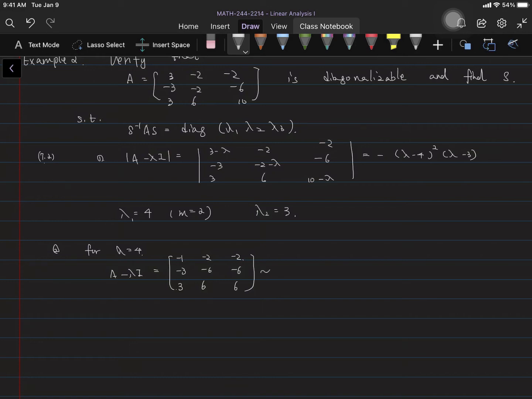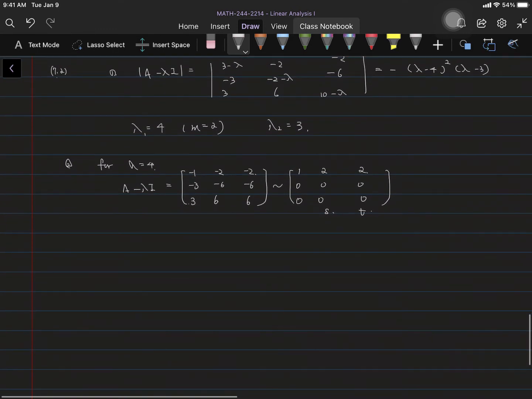So you can see this is easy to reduce into row echelon form: 1, 2, 2, right? Row 1 and row 2 are totally proportional, so it should be 0. And row 3, same thing, 0. And we have 2 free variables. We did this several times in the last section, right? So what's the eigenvector?